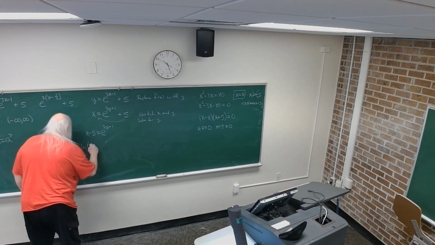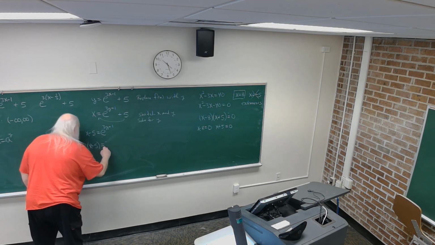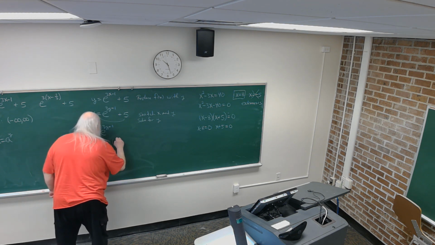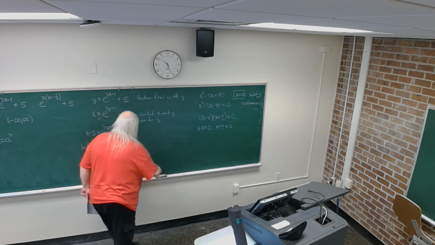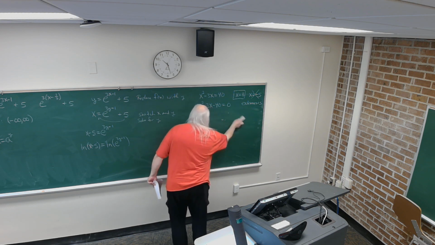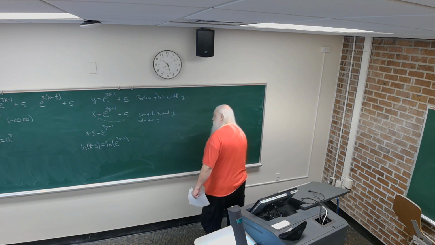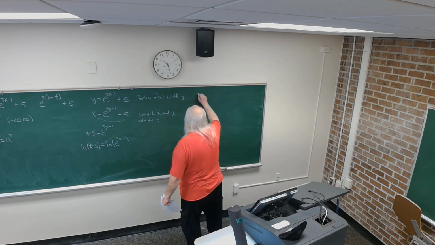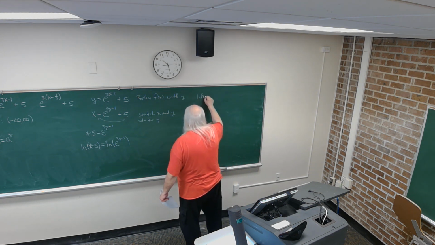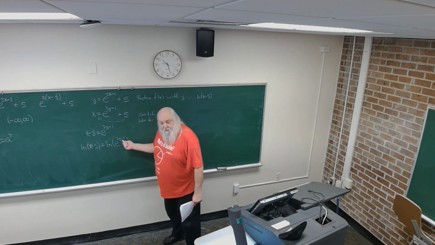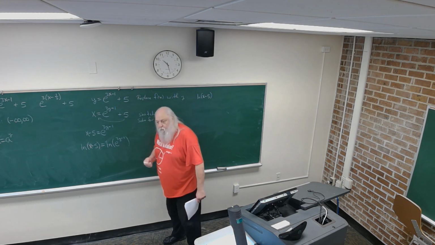We have the natural log of x minus 5 is equal to the natural log of e raised to the 3y minus 1 power. Well, instead of x as my exponent, I have 3y minus 1, so this just simplifies to 3y minus 1.